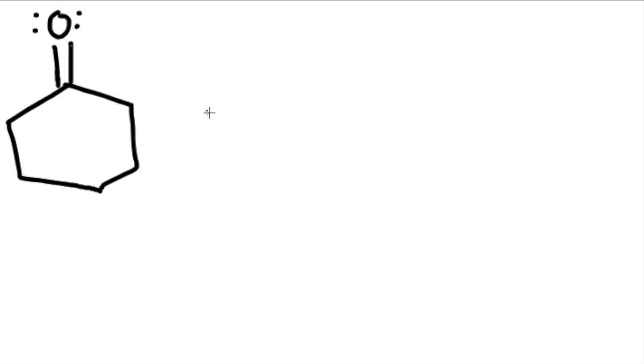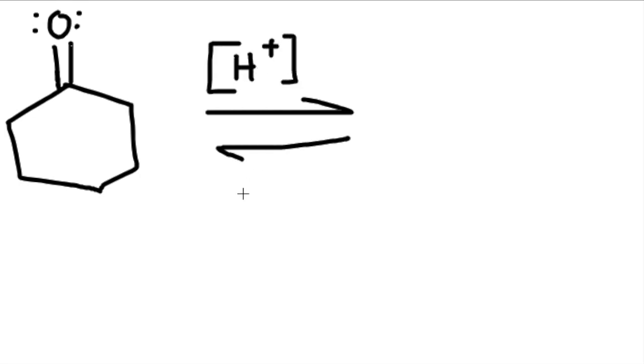Let's do another example here. We have this ring, so this is a ketone. This reacts with, let's say, hydrogen ion, H+, with also, let's say, isopropyl, an alcohol, on it. So we have that carbon.